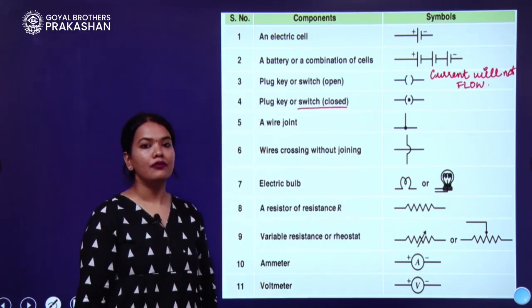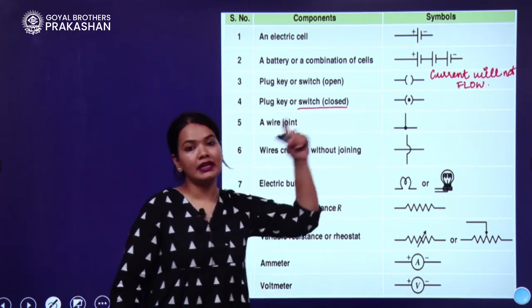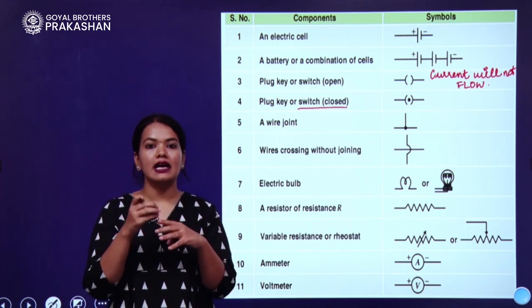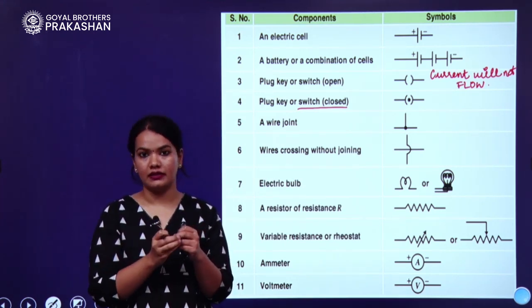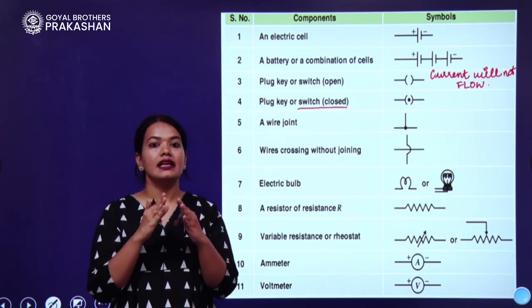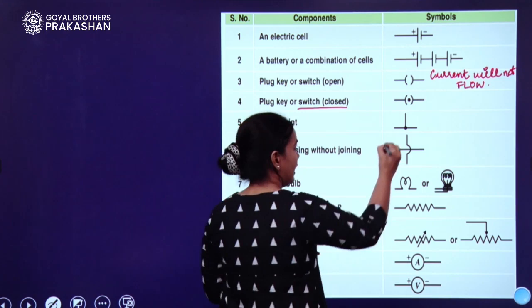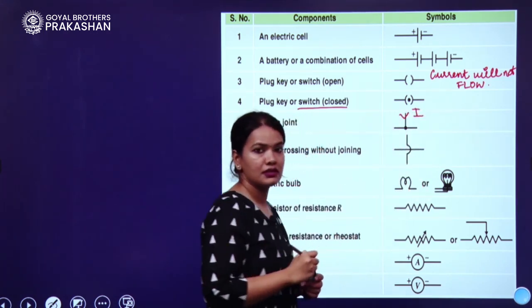Next, you have a wire joint. Now, it's very important that you understand what is happening in the wire joint. In a wire joint, two different wires are being connected together. They are soldered. They are joined together. As a result, there is a difference in the flow of the current. Let's say, in this scenario, I is the current which enters, right?